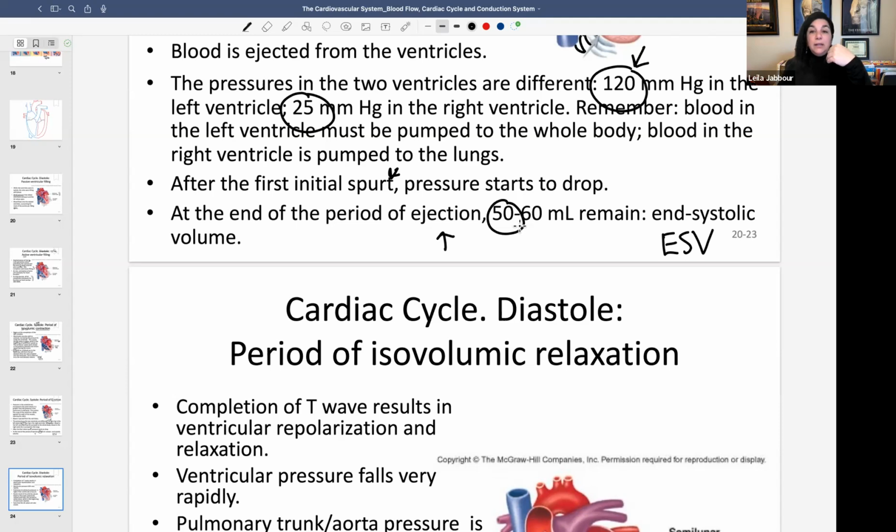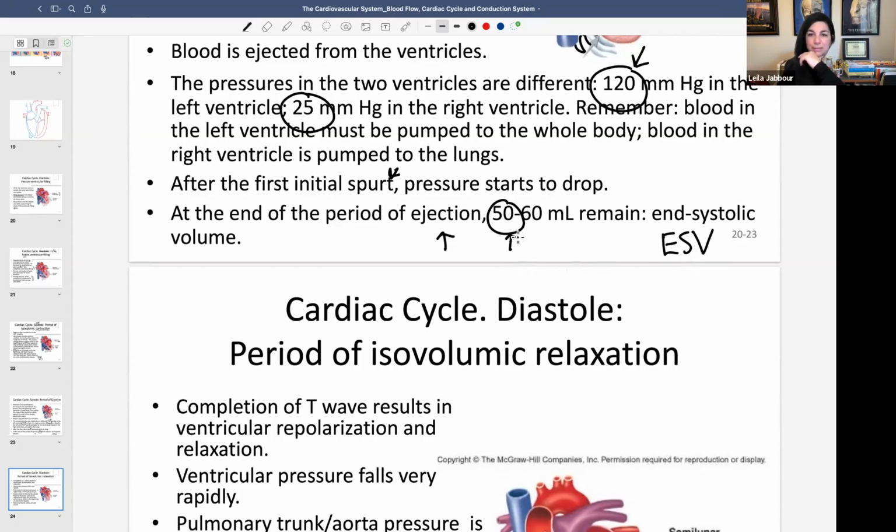The end systolic volume is what's left in the ventricles at the end of the ventricular systole, because it's not 100%.